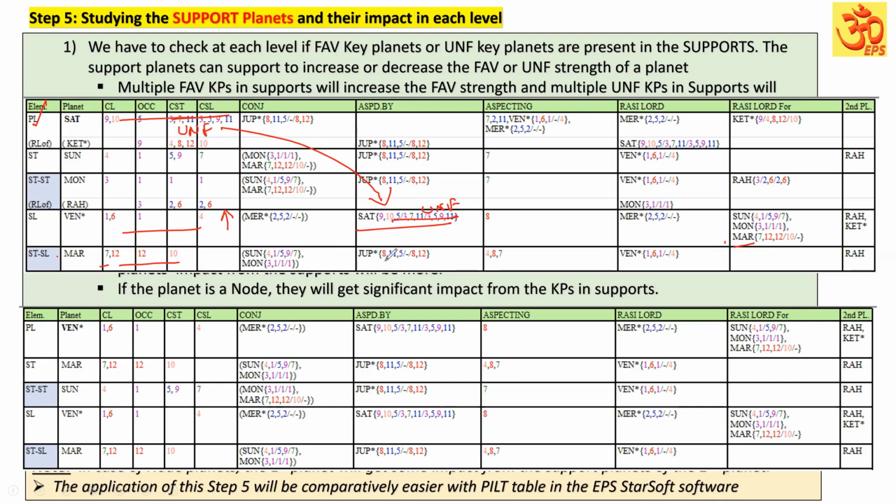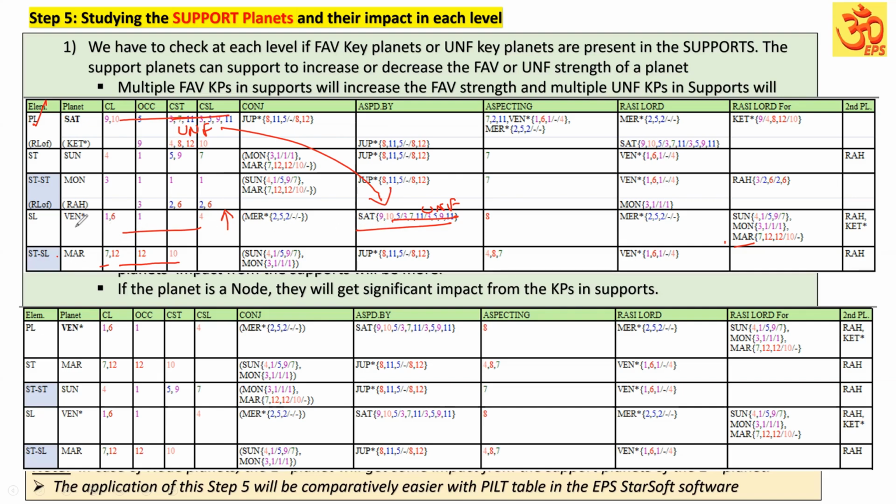But whose impact is more? The source planet is a very strong key planet. It is forming its special aspect, because Saturn is aspecting Venus, and that is giving more strength to the sublord. So favorable strength is increased.